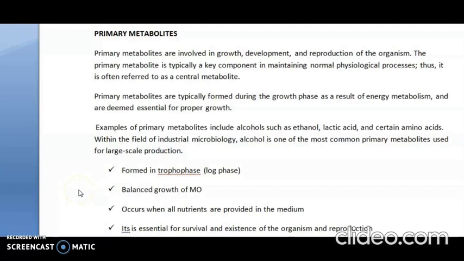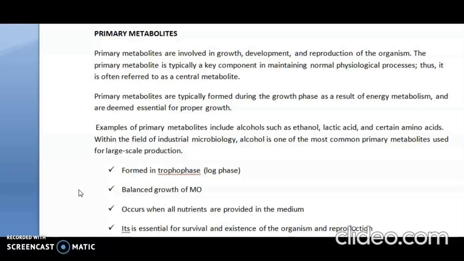The primary metabolites are involved in growth, development, and reproduction of the organism. It is typically a key component in maintaining the normal physiological process. Thus, it is often referred to as a central metabolite. They are typically formed during the growth phase as a result of energy metabolism and are deemed essential for proper growth.